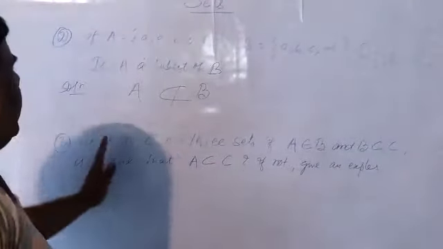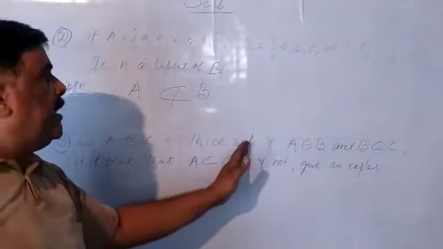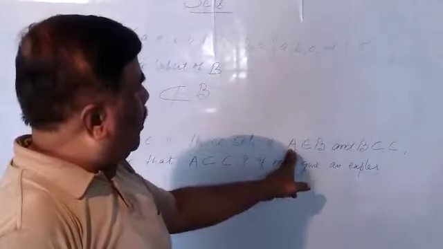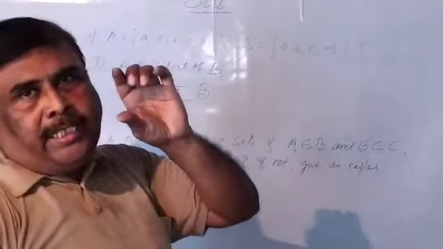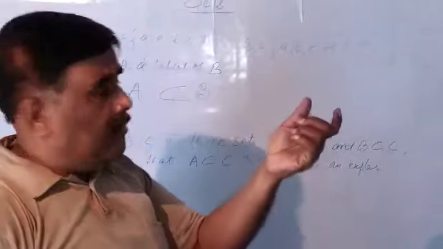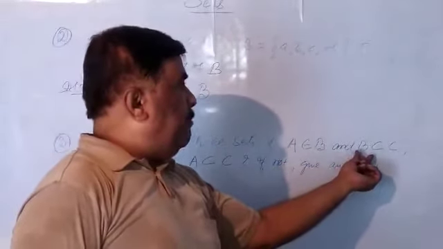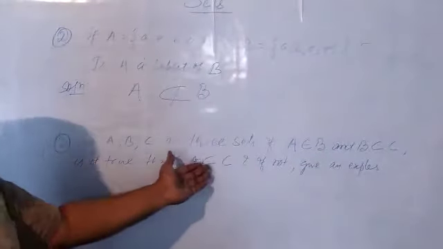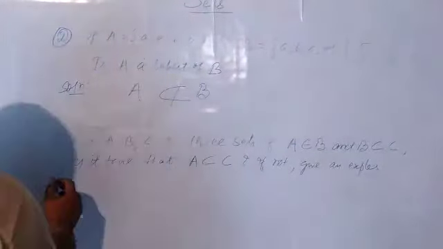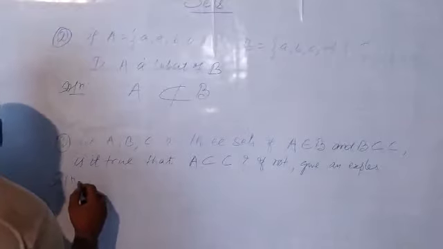Okay. Now question number 3. Let A, B, C be three sets such that A belongs to B, that means set A is an element of set B, and B is a subset of C. Is it true that A is a subset of C? Let us take some examples.